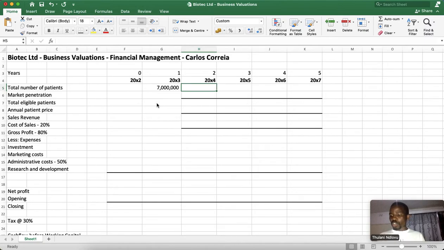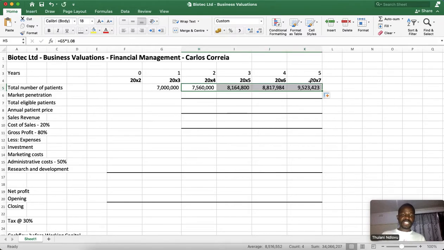Then we are also told that this total number will be increasing by 8%. So we will multiply that by 1.08. Then we can copy the formula to 20x7. So in this instance, we see that 20x3 will be our year 1, we'll see it shortly, and 20x4 will be our year 2, and so on.